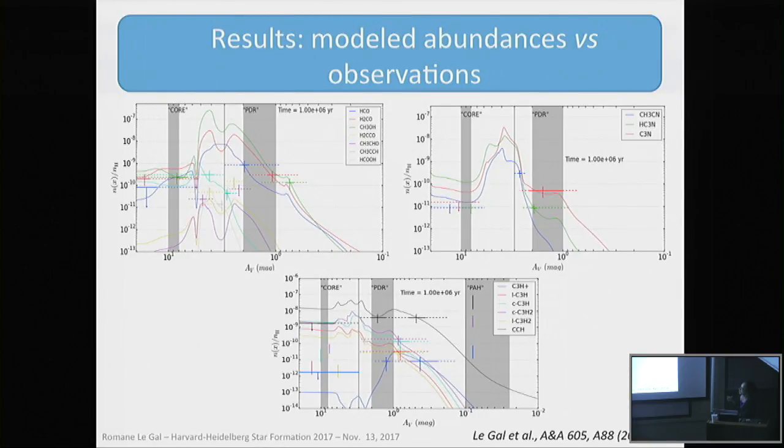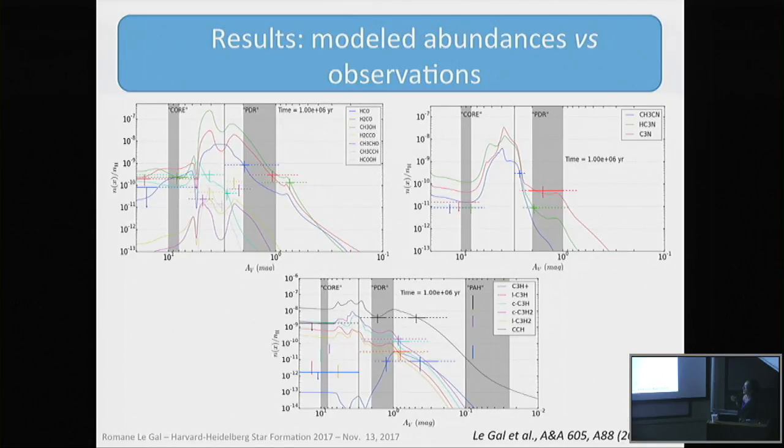Those figures represent the abundances after 1 million years from the starless dense cloud stage. The abundances are represented here as a function of the decreasing visual extinction. The observations are also represented, with the vertical error bars representing the observation.